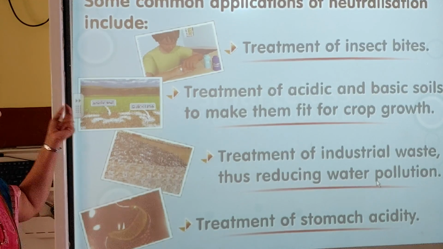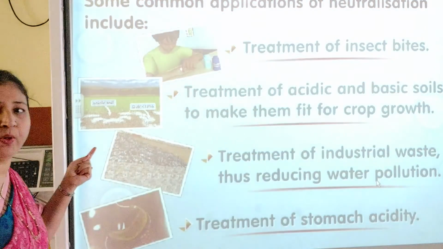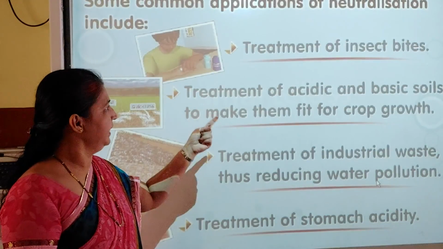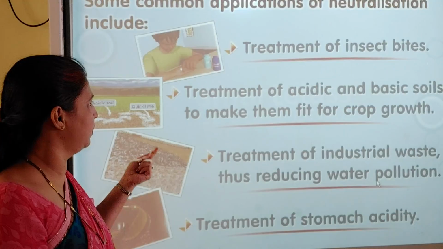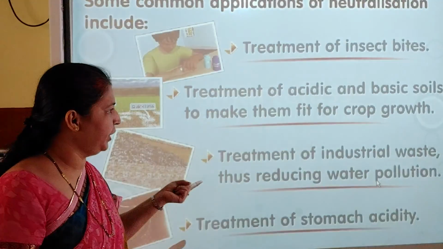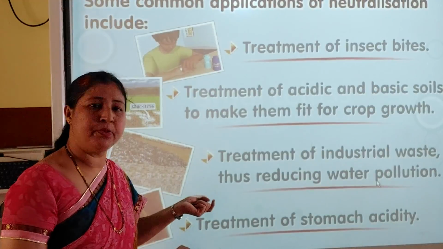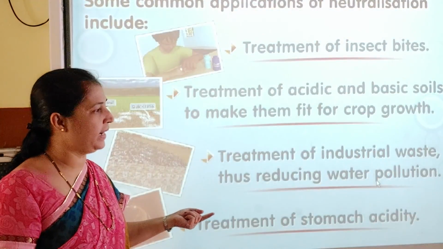So these 4 common applications of neutralization we have studied. The first one is treatment of insect bites, next is treatment of acidic and basic soils to make them fit for crop growth, the third is treatment of industrial waste, thus reducing water pollution, and the last one is treatment of stomach acidity.